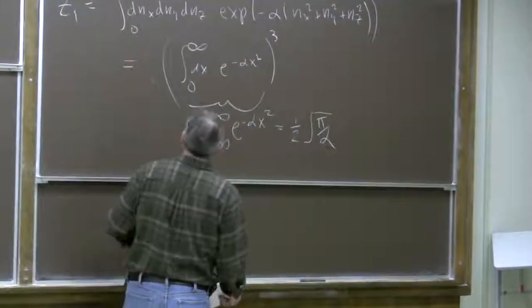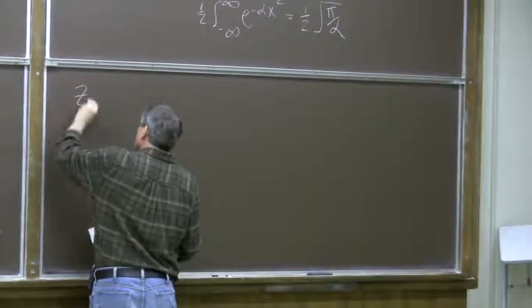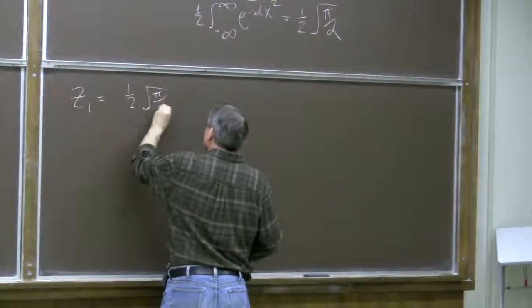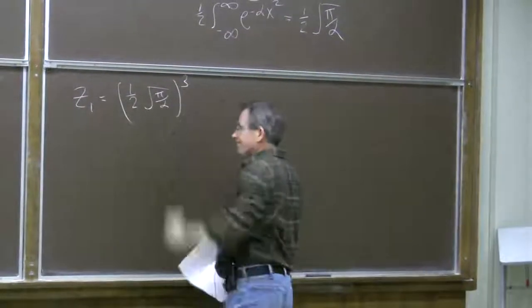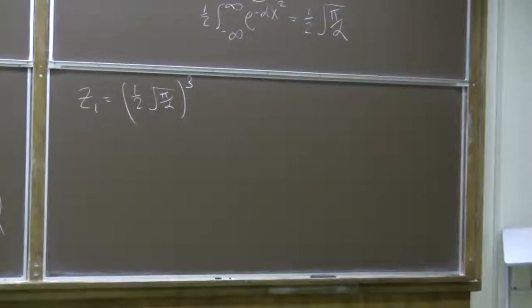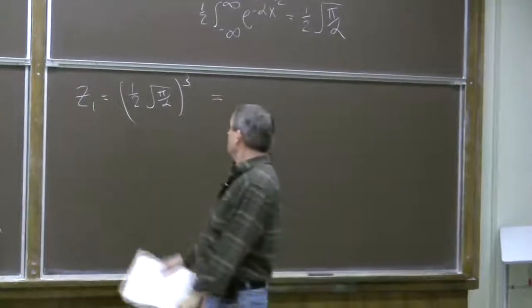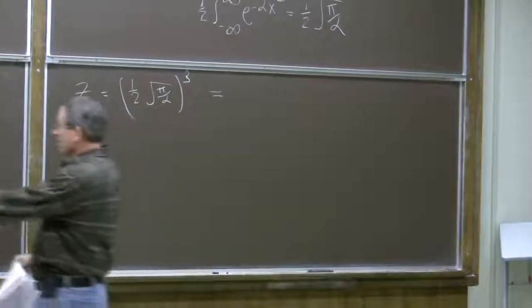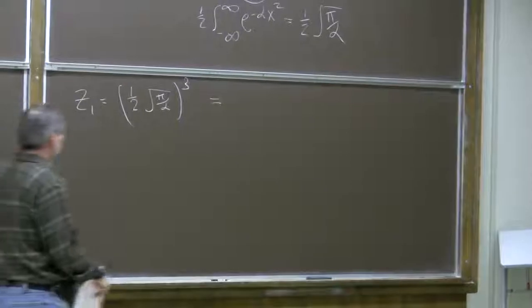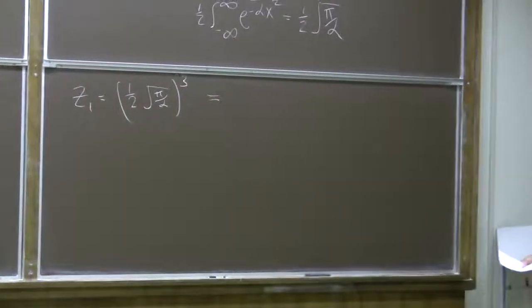So, for the partition function for the single particle in the box, it's (1/2 square root of π over alpha) cubed. And this is alpha. So I can take out a factor of L cubed because I've now got a 1 over alpha, which goes like L squared, but it's getting raised to the 3/2 power, so that's L cubed, a factor of volume.